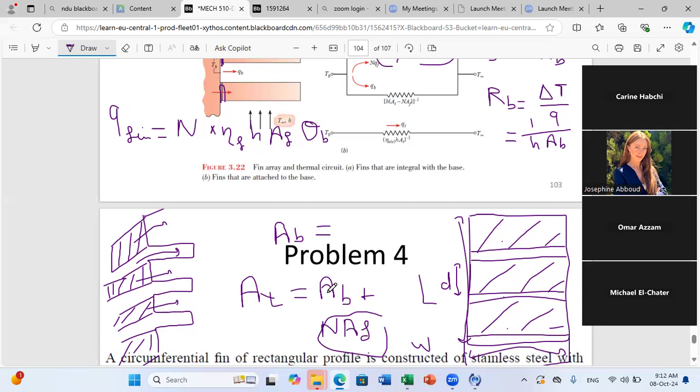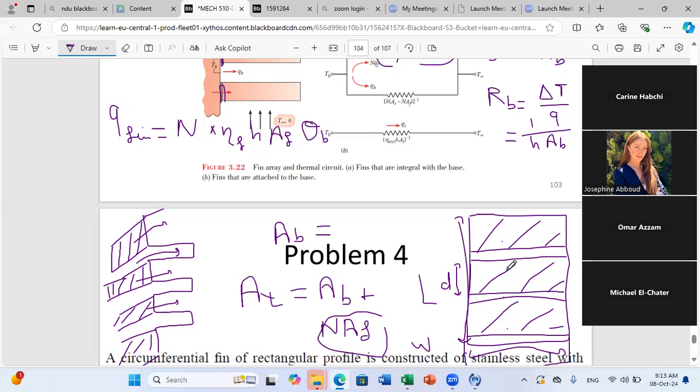So it depends on what you know. You can calculate AB. Or you have A total and you have A frontal, you calculate it from A total minus N times A frontal, or you just have the profile. And if I give you the profile of your base, all areas that are not covered by fins, you have several rectangles. Let's say here you have three fins. You have a repetitive pattern. Three fins correspond also to three areas not covered.